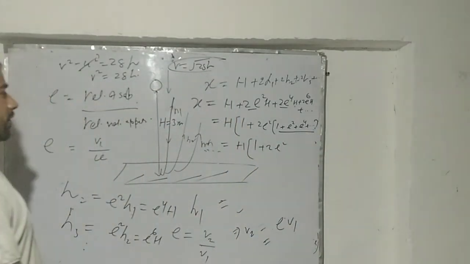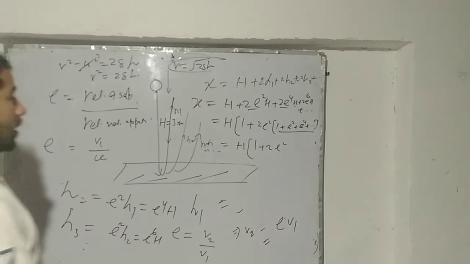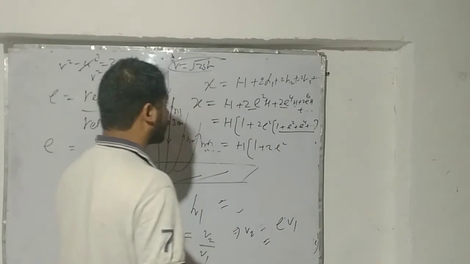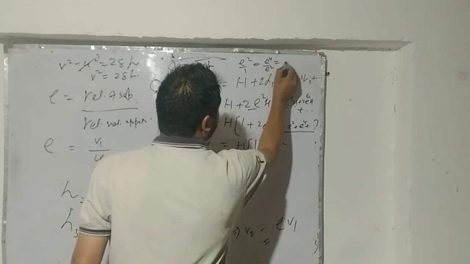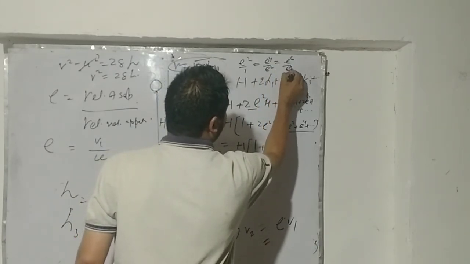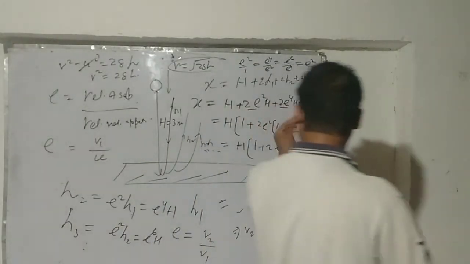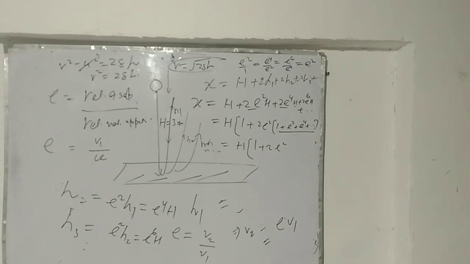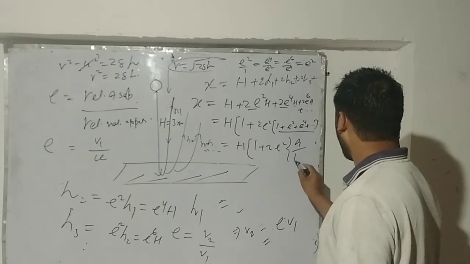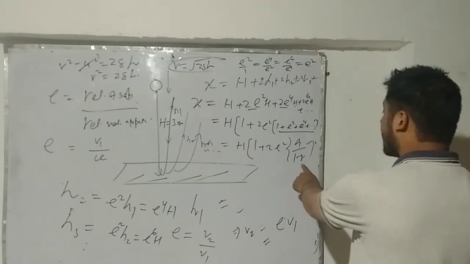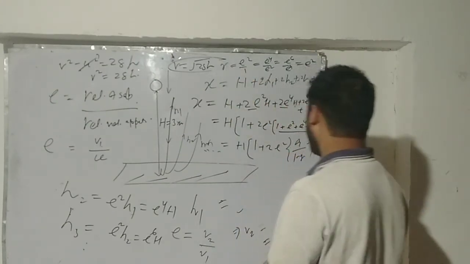Look, when we talk about this kind of series, it is a geometric series, okay. Why so? Because if I take the ratio of successive terms, e square by 1, e to the 4th by e square, e to the 6th by e to the 4th, it is e square each time, okay. Means the ratio of successive terms for this series is the same, so it's a geometric series, and its sum can be written as a divided by 1 minus r, provided that r is less than 1.